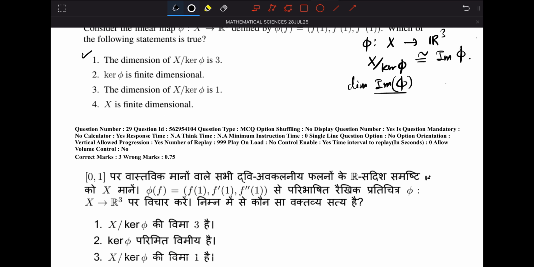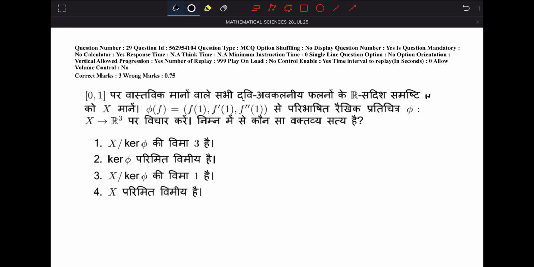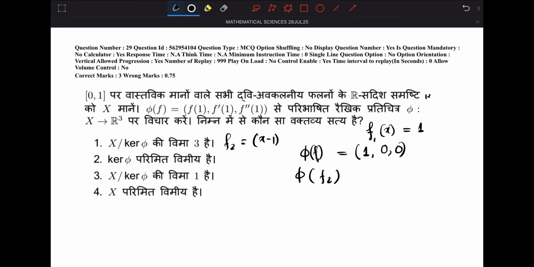So let us compute that. Take f of x equal to 1, the constant function. Then phi of f equals f of 1, which is 1, f prime of 1, which is 0, and 0. Let us denote this as f1. Define f2 as x minus 1, so the value is 0, 1, 0.